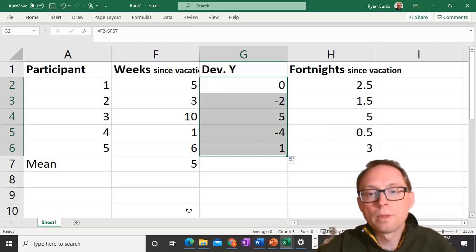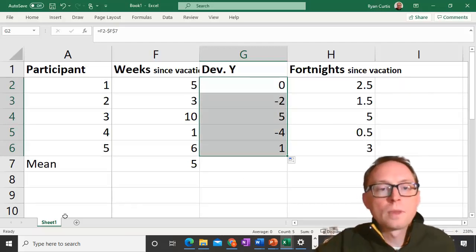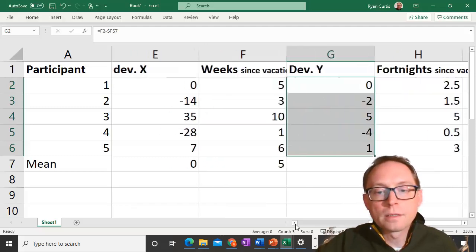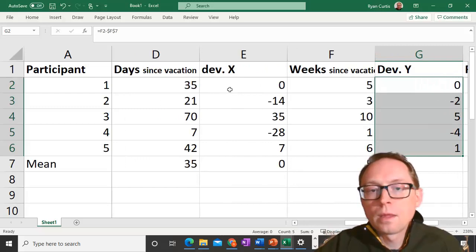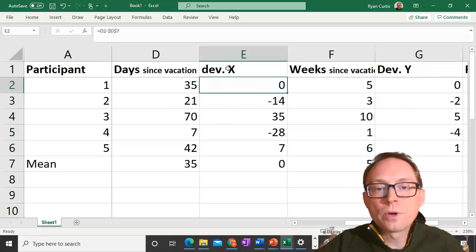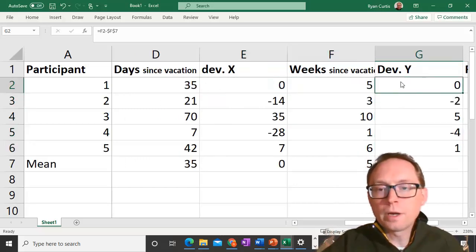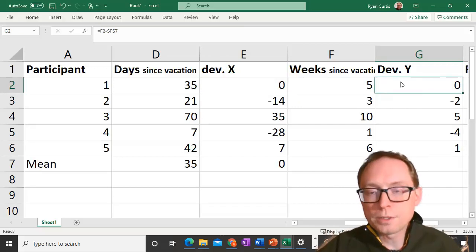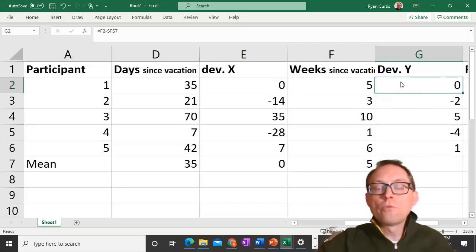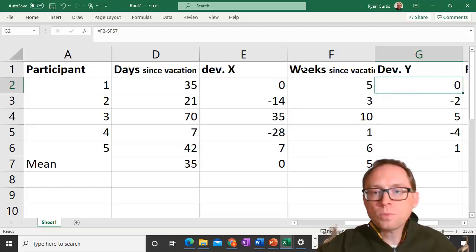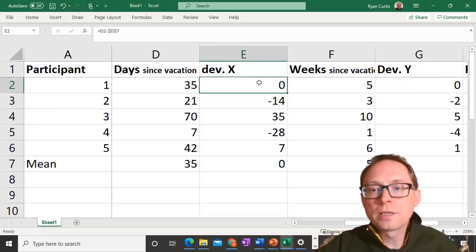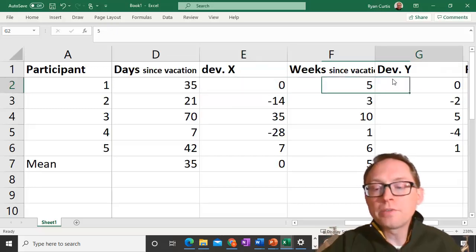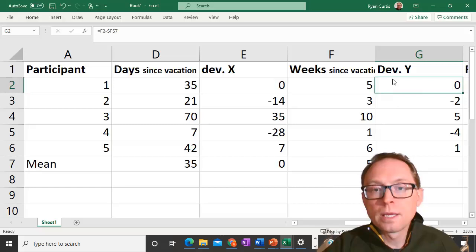When you look at these data, you see that we've got weeks and we've got days. Here are the deviations for days, and over here, the deviations for weeks. Covariance says you take the deviation score. So I would take participant 1's deviation score for days and multiply it by the deviation score for y. And then I'm going to add them up for everybody.